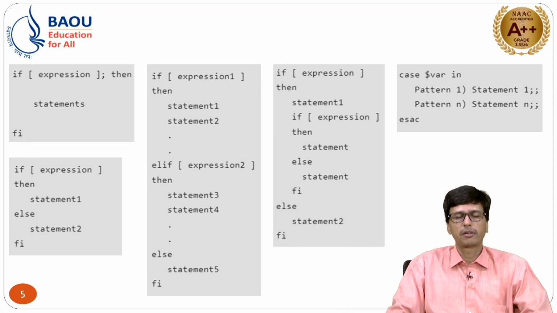So you can observe here on the screen, first of all the if expression: if the condition is satisfied, then whatever statement you want to execute you have to write. Here you can write statement 1 that will be executed. Then another if block starts here, that is the inner if block, right? So if the outer if block is satisfied, then the inner if block will start executing. In the inner if block, if the condition is satisfied, the then portion will be executed.